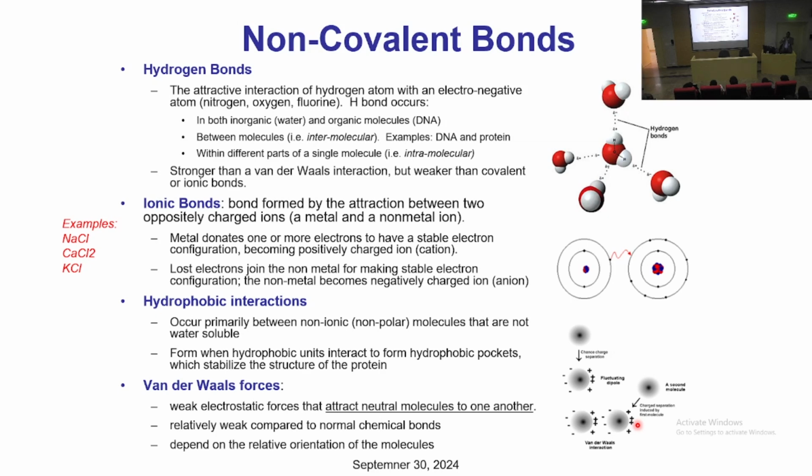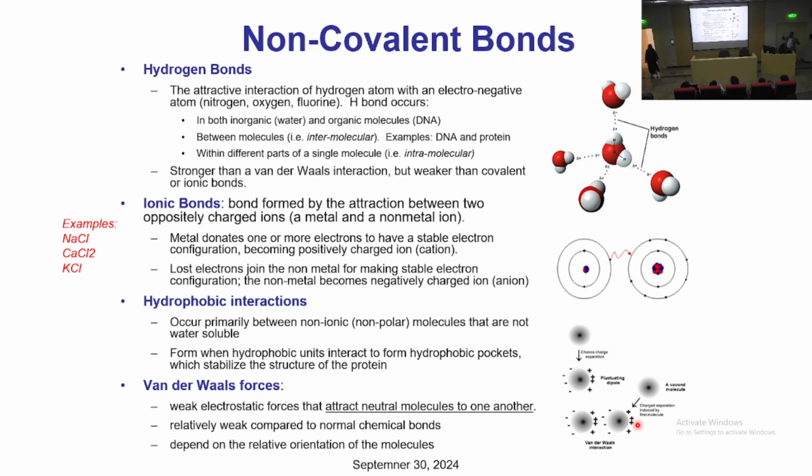So it basically occurs between two neutral atoms due to the distribution of the positive and negative charge in a way that the positive charge from one molecule is facing the negative charge of the other molecule. So this is called van der Waals forces.